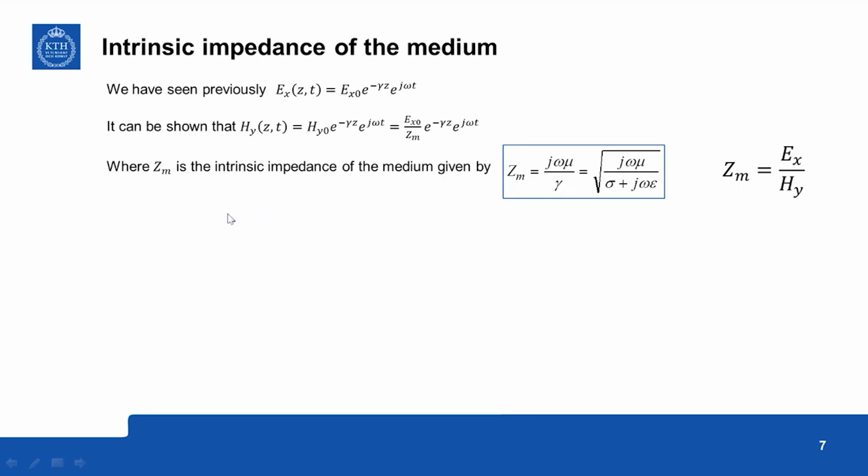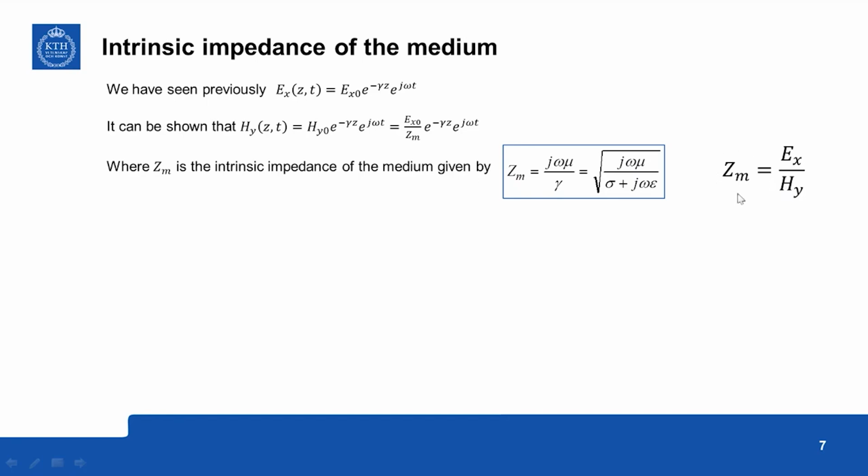Now we can define another property of the medium, the intrinsic impedance of the medium. We have seen previously that E is given by this expression, and similarly H is given by this expression. In general, we know that impedance is expressed as E_x by H_y.